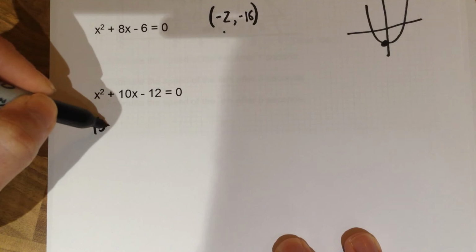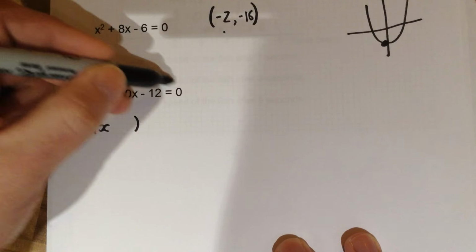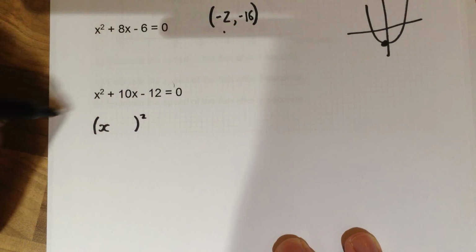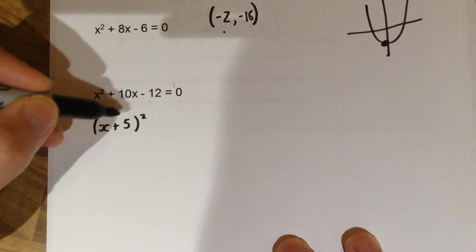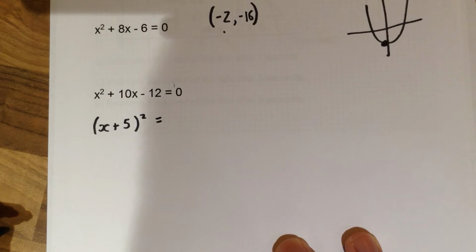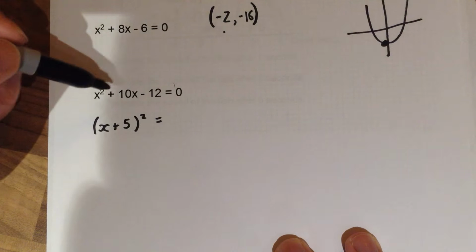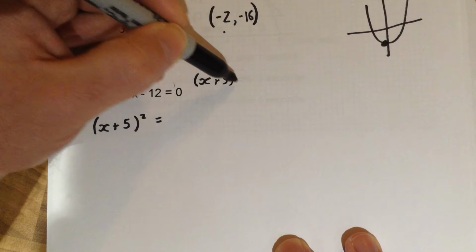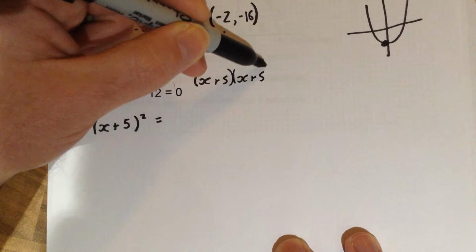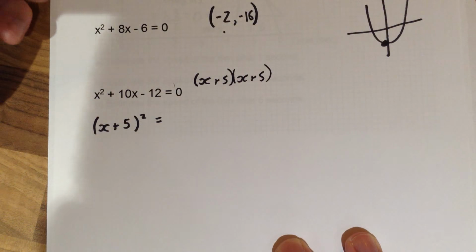I need a bracket that will get exceedingly close to looking like this when it's squared. So again, half of 10 is 5. This little tactic works. It's quite good for finding it very quickly. If I were to expand this bracket, so effectively I'm doing x plus 5 times x plus 5, because that's all squaring means.